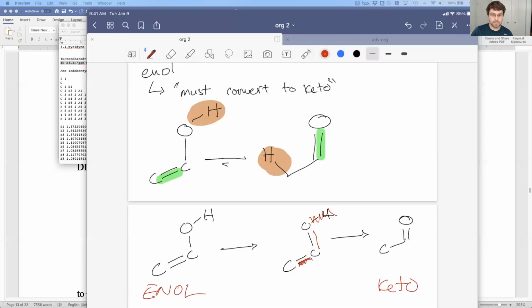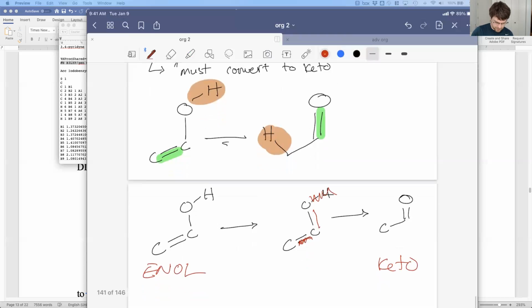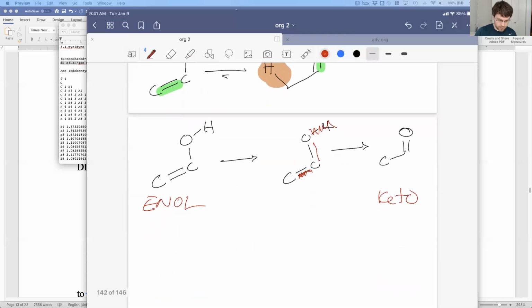So let me practice this a little bit. Let's go ahead and draw a bunch of enols. So I'm going to consider this structure. I'm going to consider this structure. I'm going to consider this structure.